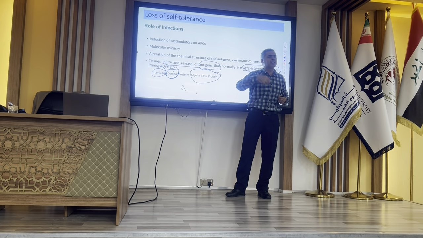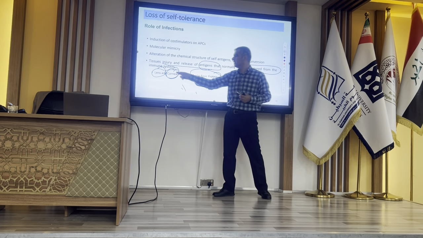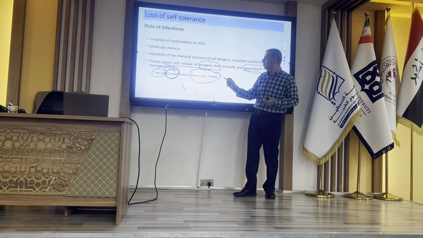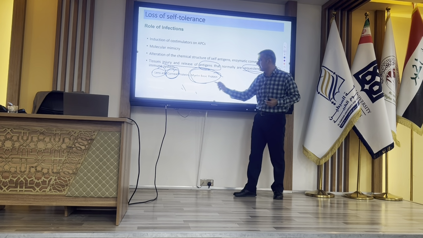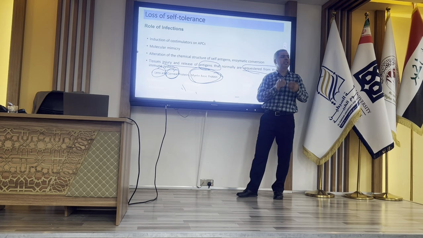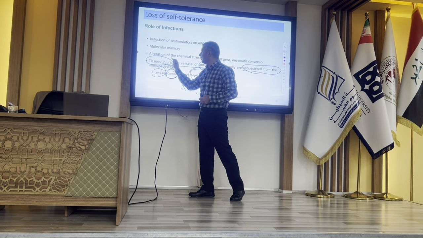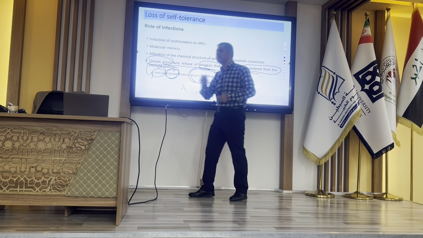It means immune system doesn't have access to antigens of lens and cornea of the eye, or to myelin basic protein of the neural system. But sometimes tissue injury as a result of infection can release these antigens.